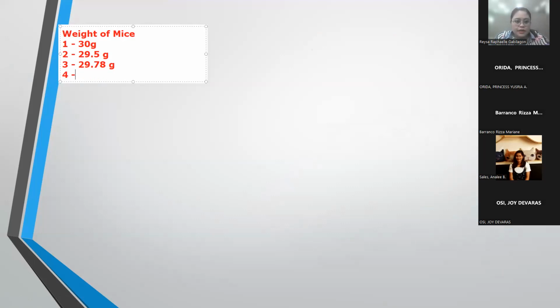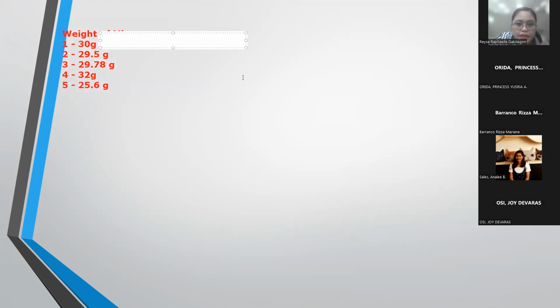Mouse 4 is 32 grams, and mouse 5 is 25.6 grams. These are just hypothetical data since I don't have your data during the experiment. I believe everyone knows how to compute the mean. For the mean, you just add everything and then divide it by the number of scores.